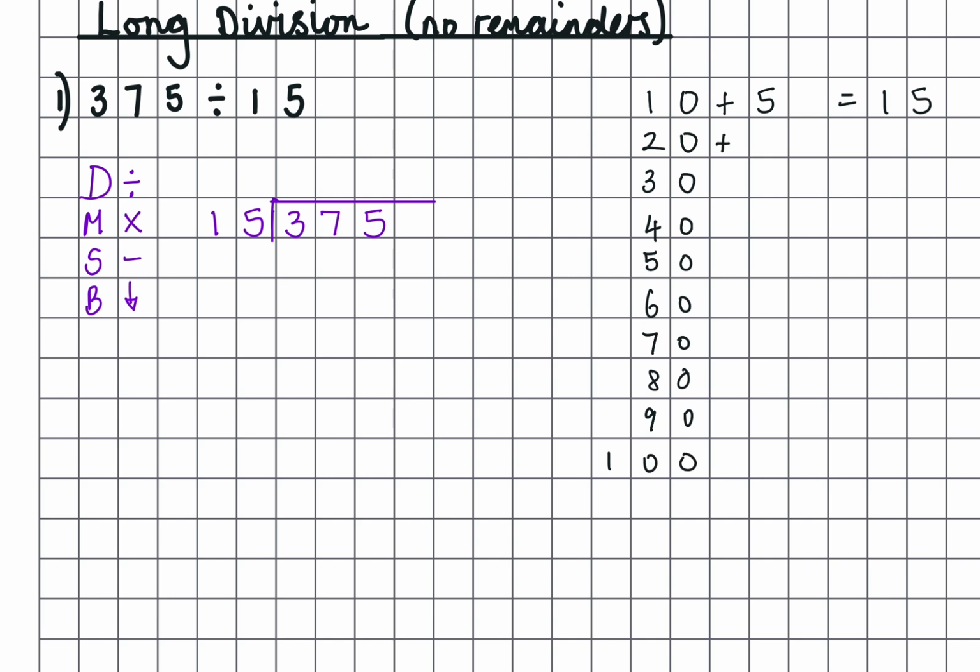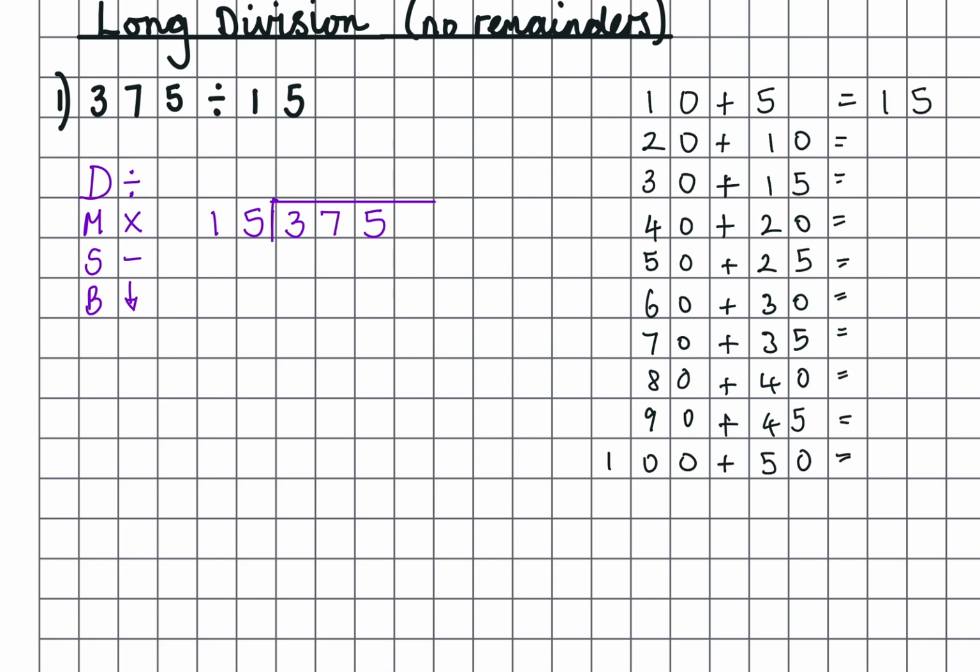Okay, and then we're going to add 5, 10, 15, 20, 25, 30, 35, 40, 45, and then 50. Now if we add these together, and it shouldn't take too long to add together, hopefully.